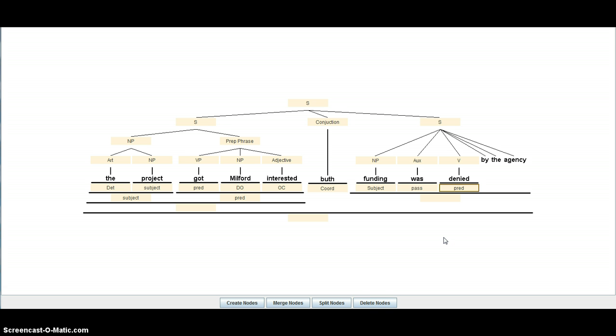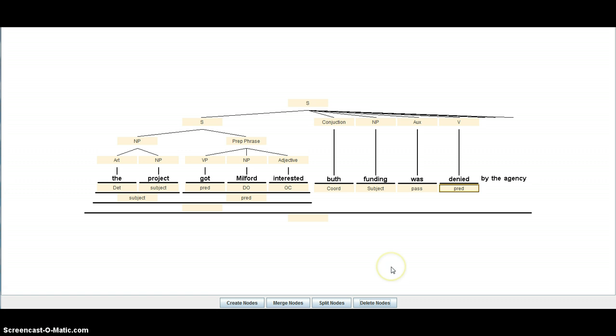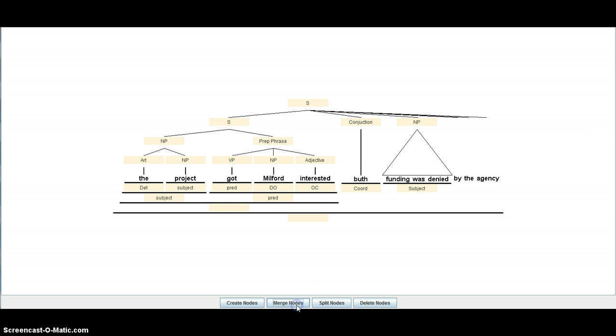And actually we're probably missing a generalization here because we forgot that this is all a predicate phrase. So let me actually see, well, let's go back here. No, that doesn't work.